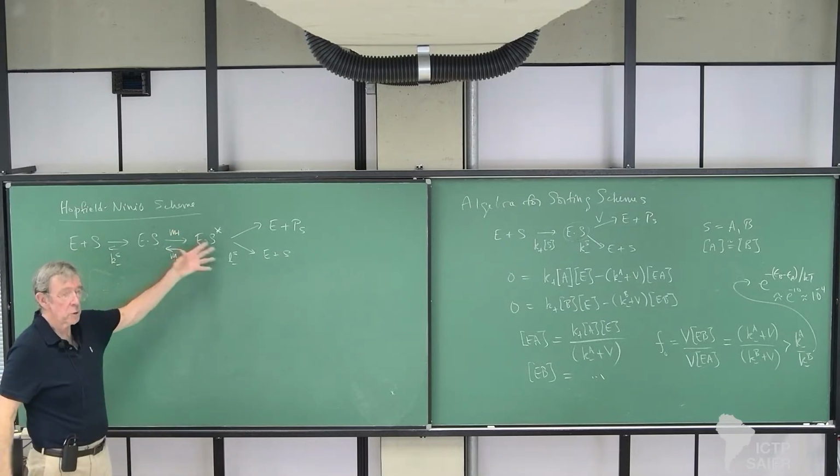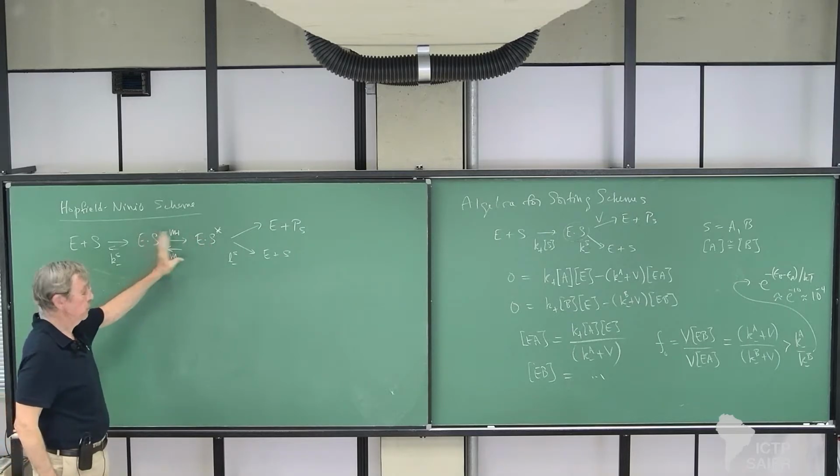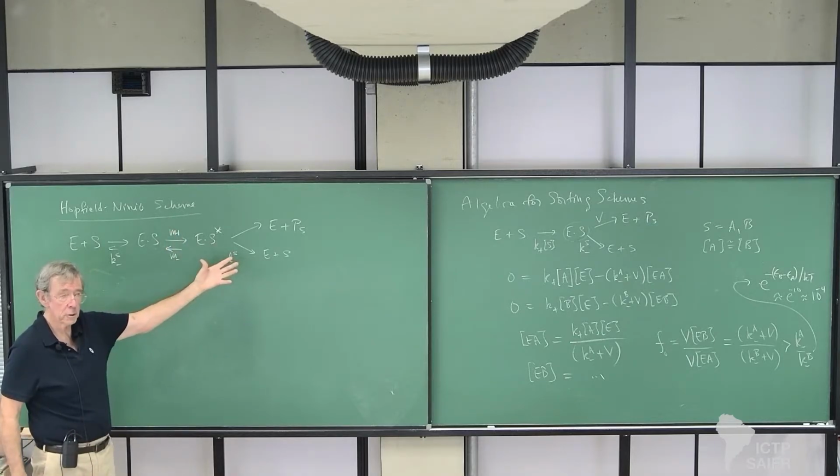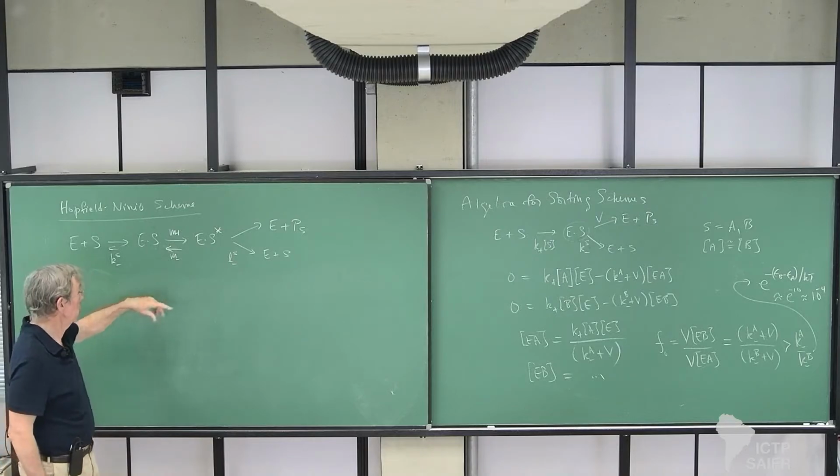So the original thought was, let's make it irreversible. We know that that's going to cost us energy. Okay, this is an important process the cell can perhaps afford to expend energy.